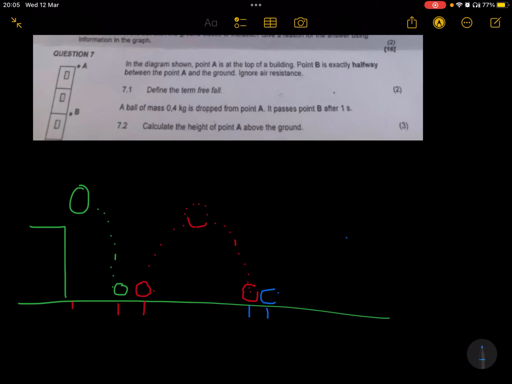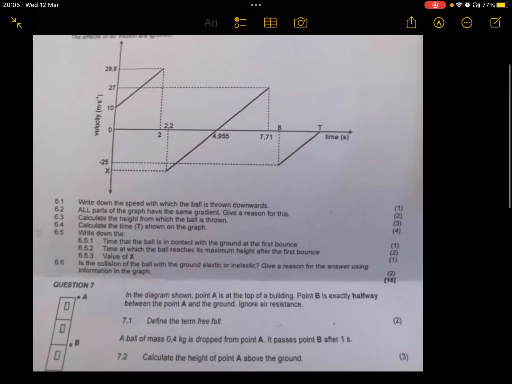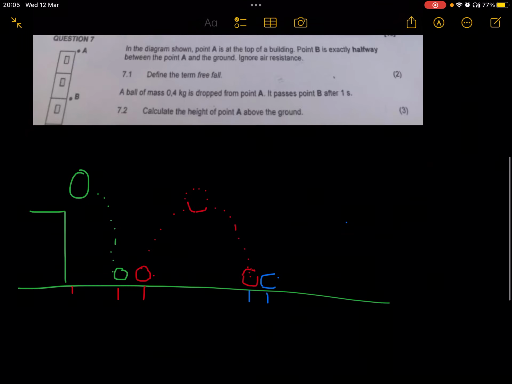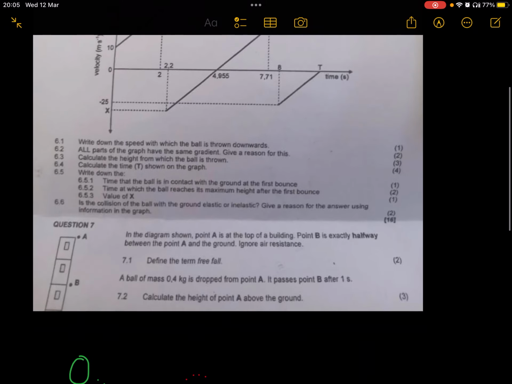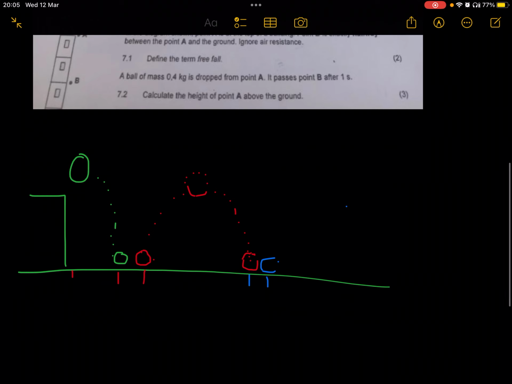After hitting the ground again, it went to a certain height. So it's safe to say this would be the last position, I think.